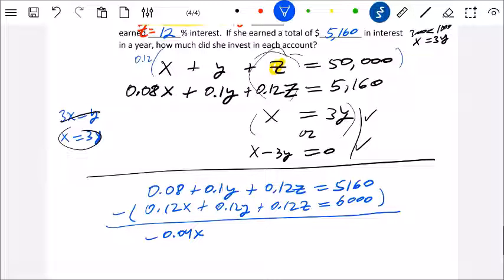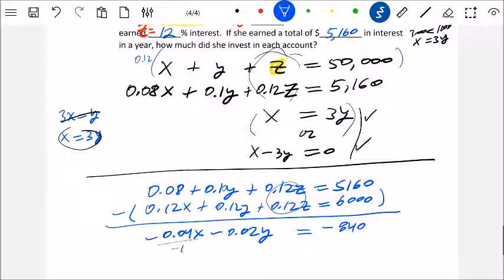And then 10 take away 12, with decimals, is negative 0.02Y. These cancel out, since subtracting one from the other, they're the same. And here we're going to get a negative 840.